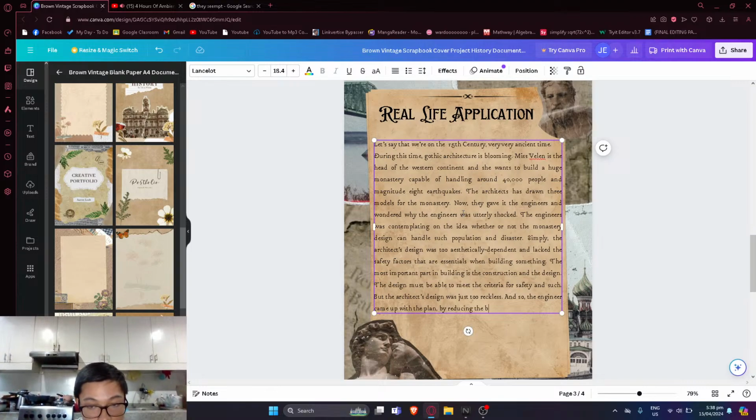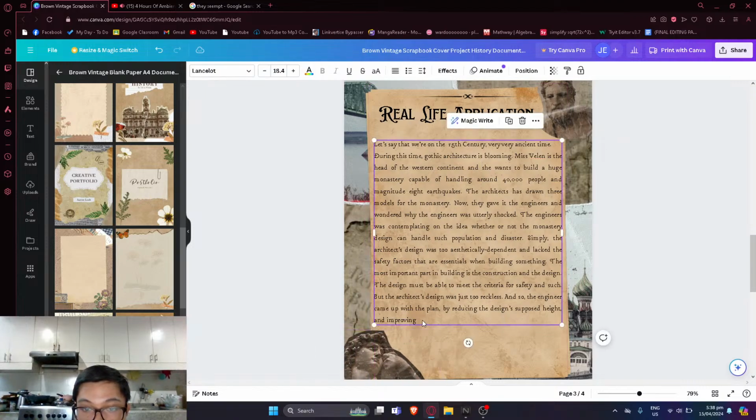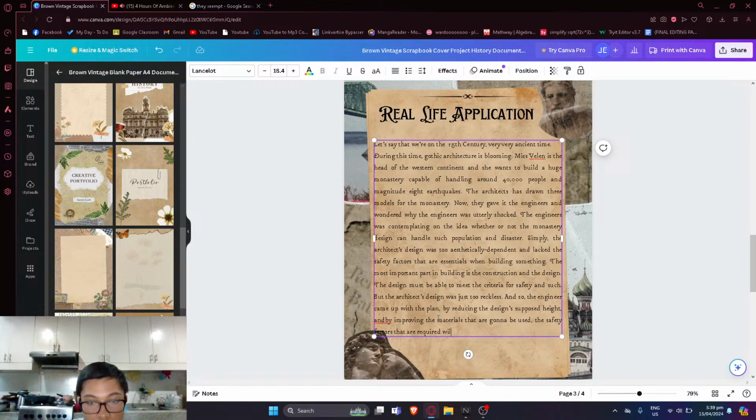By reducing the monastery design's supposed height, and by improving the materials that are going to be used, the safety factors that are required will be met.